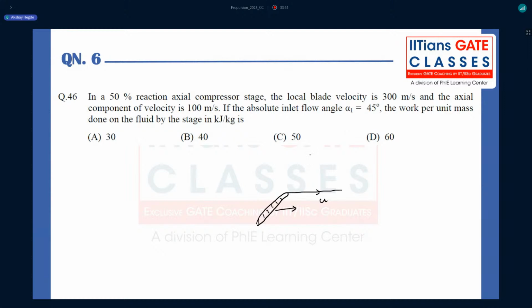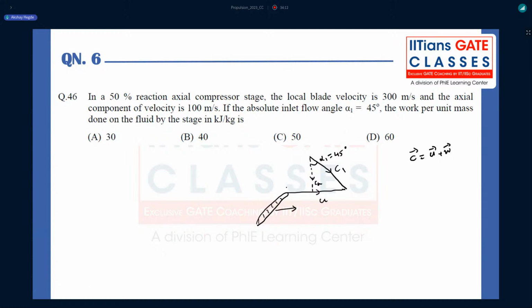So I have an absolute velocity that is coming onto the stage, denoted by C1. Its axial component is CA, with which it is making an angle alpha 1 given as 45 degree. And from the relation we can easily say C is equal to U plus W, W being the relative velocity.